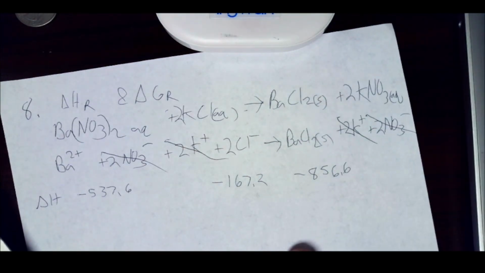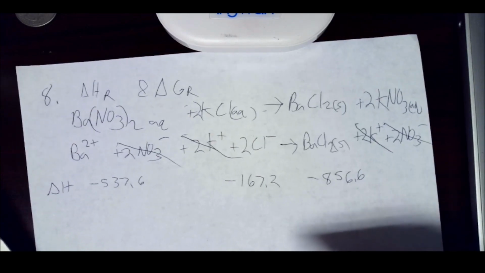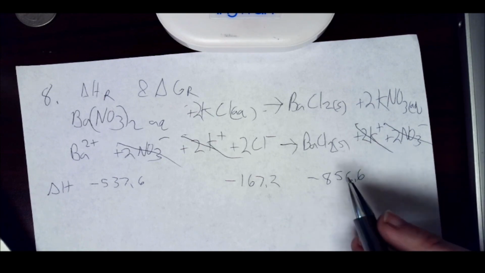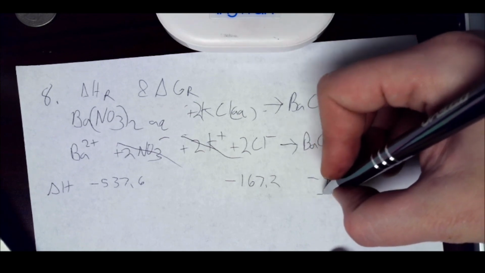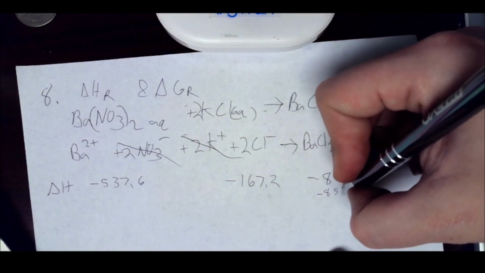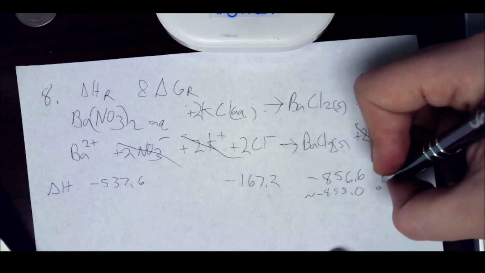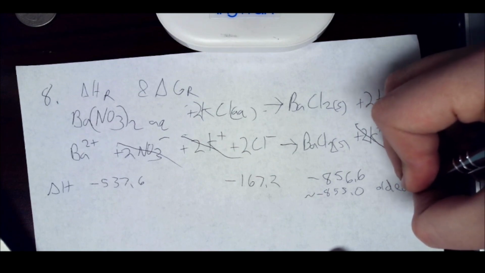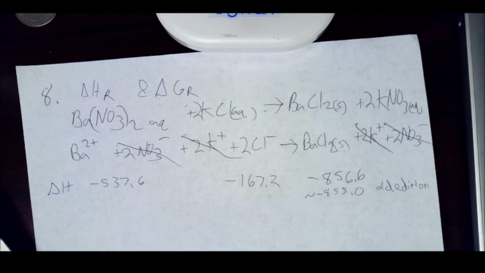However, the answer key in the back of the book uses a previous edition's delta H of negative 855. Old edition, which, whoops, if you're trying to get your number to match perfectly, that's where you get into a problem.